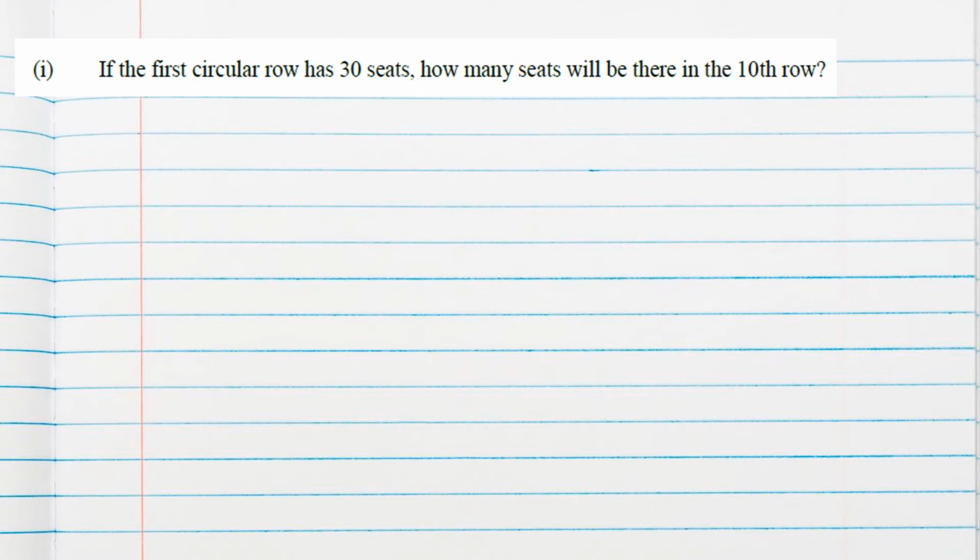If the first circular row has 30 seats, that means our arrangement is starting from 30, the first element is 30, and as we know in each next row 10 seats will be increased, so common difference is 10. How many seats will be there in the 10th row? They are asking for the 10th element of this AP, that means A10.